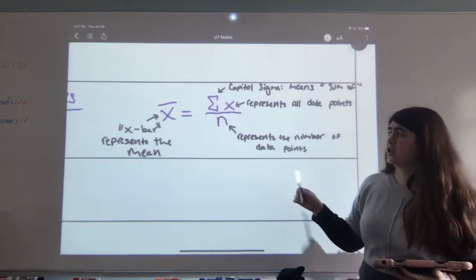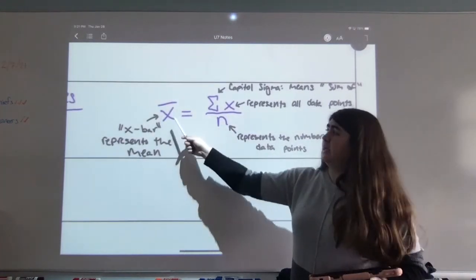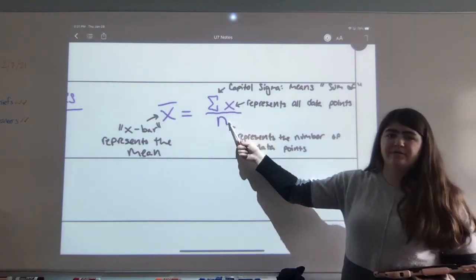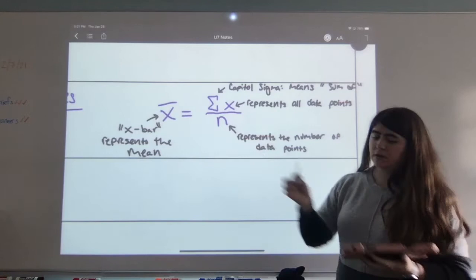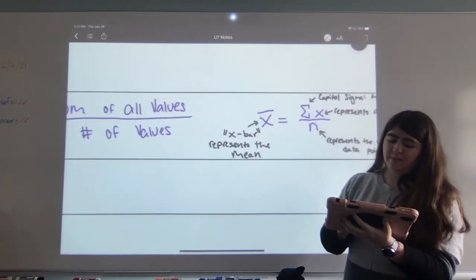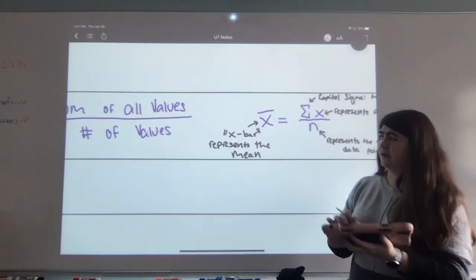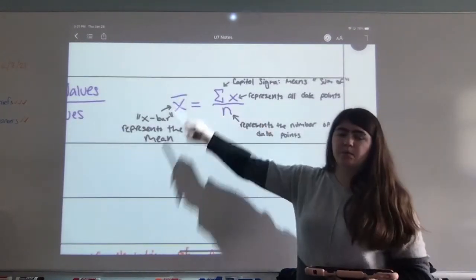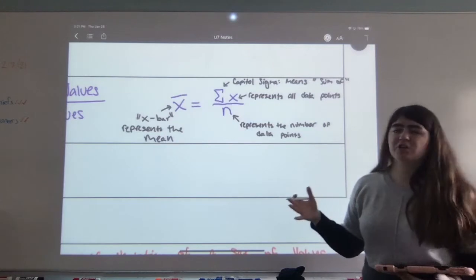In our equation, X bar, or the mean, is equal to the sum of all data points divided by the number of data points. So what I had written to the side, the sum of all values divided by the number of values, is just this written in easier language.